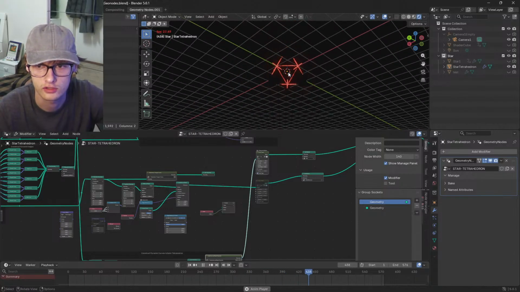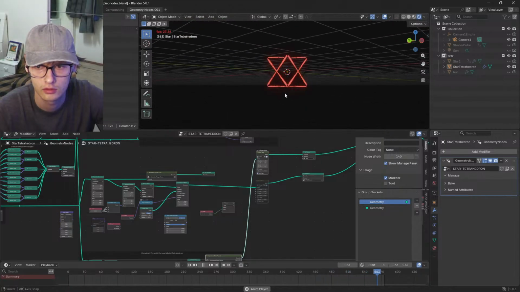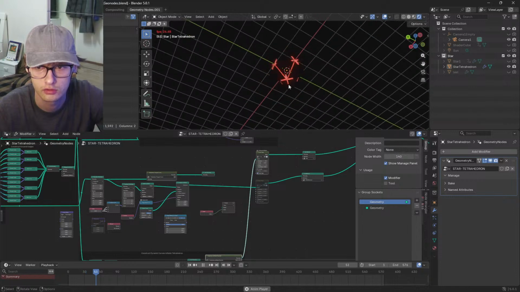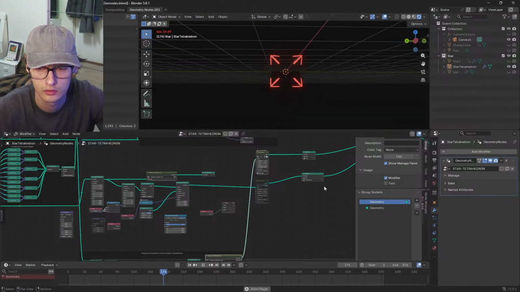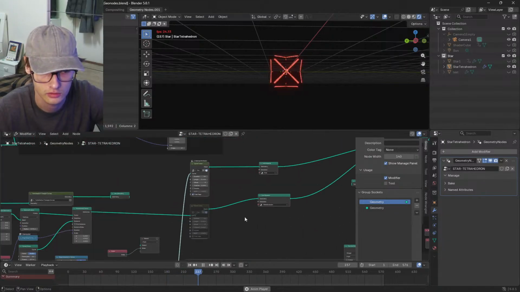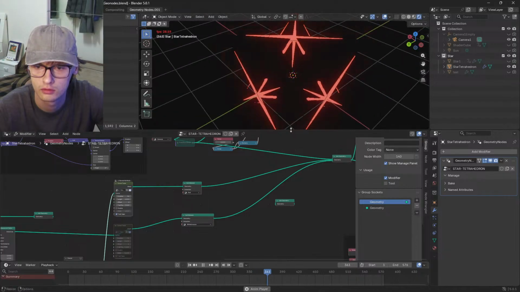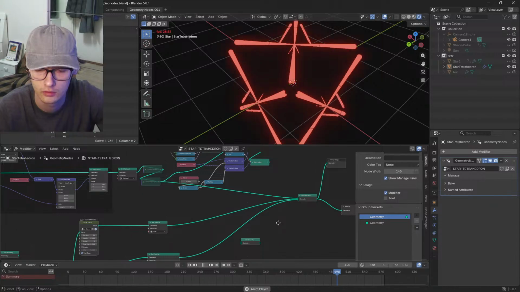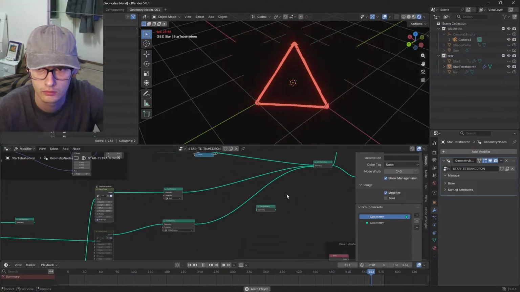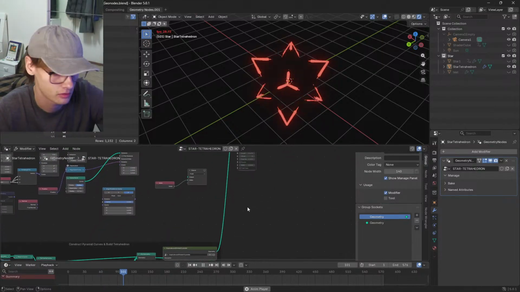Would be cool to instance a circle that kind of goes around. Yeah, there's so many options for this design. It just requires imagination.